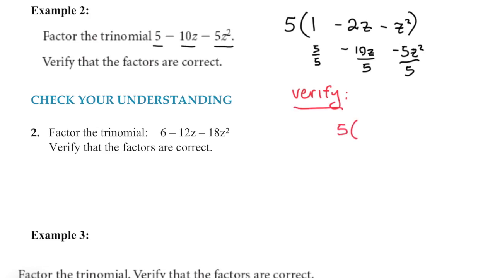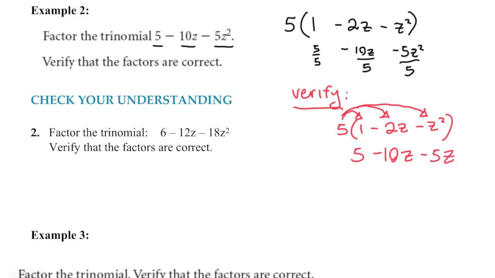Then I take the factored form, and I'm going to distribute the 5 into each term. So 5 times 1 is 5. 5 times negative 2z is minus 10z. And 5 times negative z squared, rather, is minus 5z squared. And so that's what we started with. So this is correct. Okay.